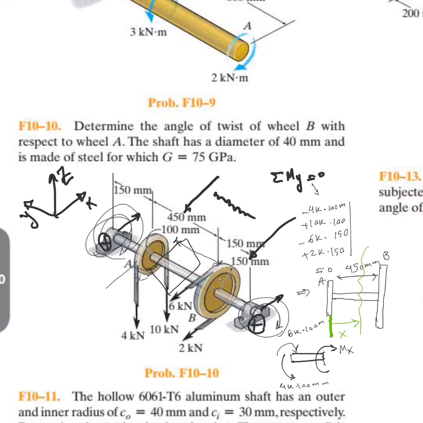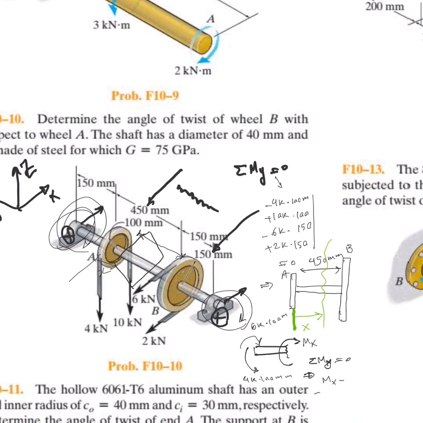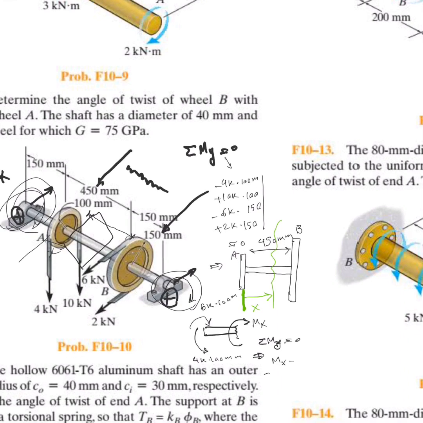So if I sum up the moments, let's write here summation of moment about the y-axis should be 0. Then you get Mx, which is a positive one, negative 4K times the distance, 100 10 to negative 3.